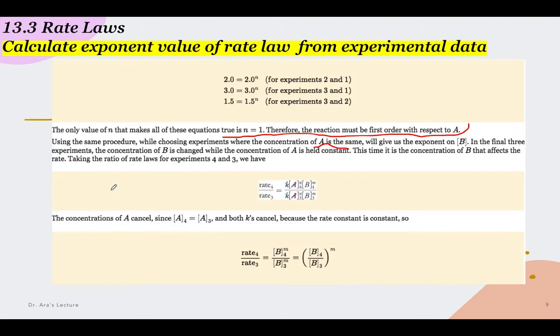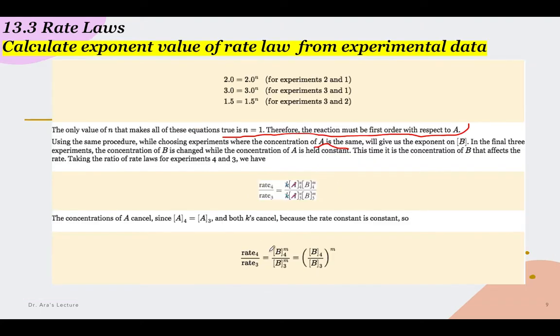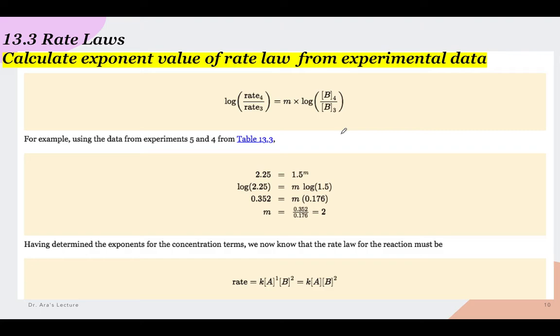Then what else do we have? We have rate 4 and rate 3, experiment 4, concentration of B with exponent m, and similar for rate 3. If we do the same thing and take the log, and then put in the value of the ratio, what are we getting?